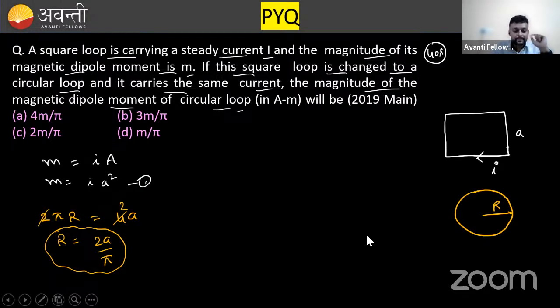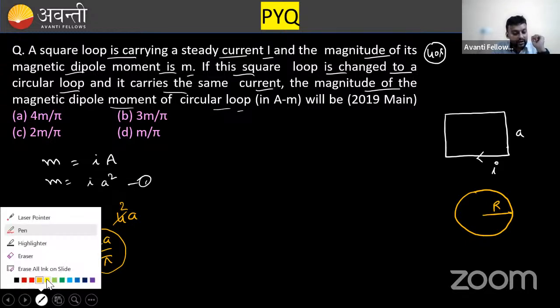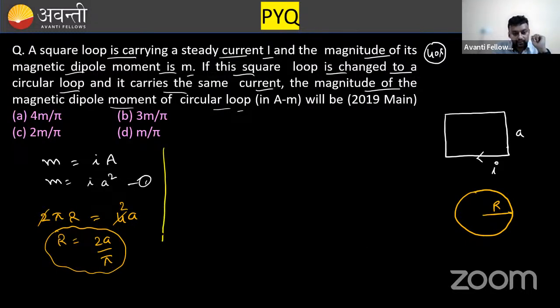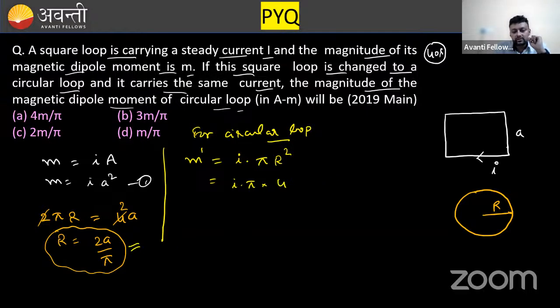So what will be the magnetic moment of the circular loop? Let's suppose for a circular loop, I am writing now, magnetic moment m dash is again equal to I into area. Area of the circular loop is what? Pi r square. So you can write it as I into pi, and radius is what? 2a by pi, whole square. That means 4a square by pi square.